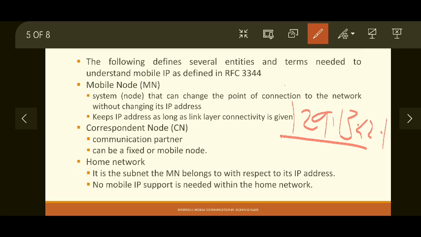So that is your home network, because you are part of this particular subnet. Within the home network, you do not require mobile IP, because all the packets which are supposed to be sent to this particular IP address will be delivered to this subnet. So no need of mobile IP in this case. Okay, so remember, within the home network, mobile IP support is not needed.